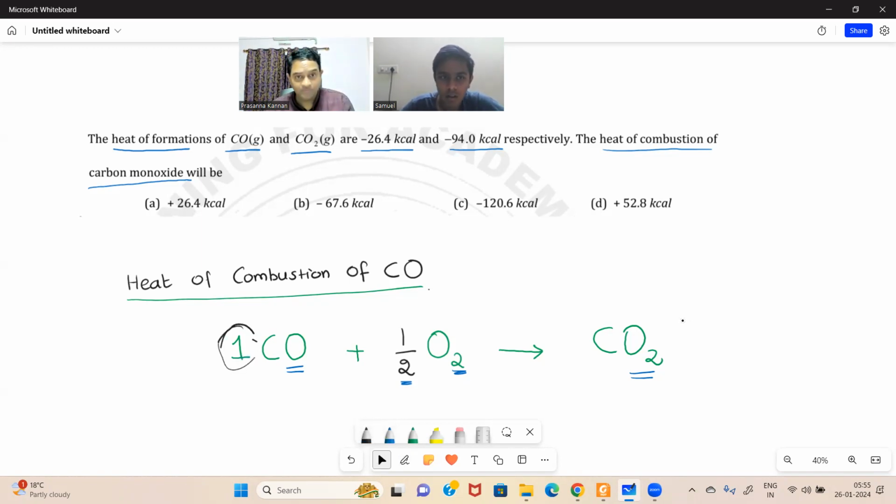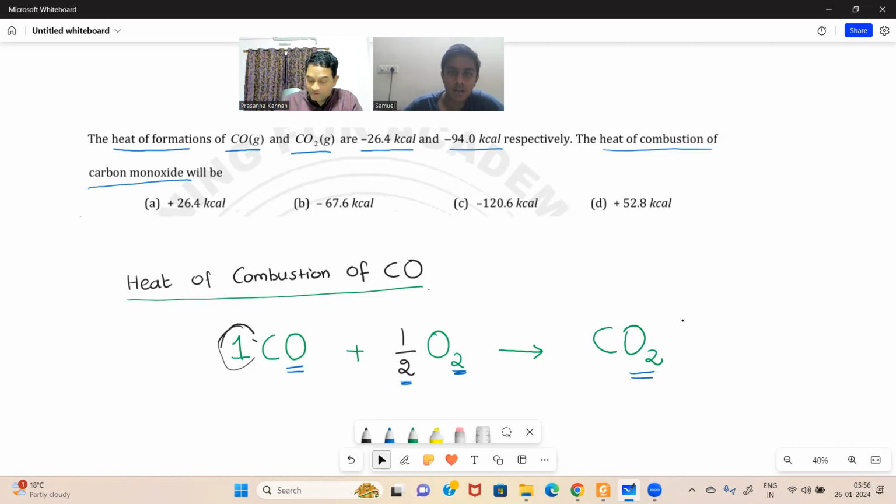When I say heat of combustion, I'm talking about how many moles of carbon monoxide are burning: 1 mole. So when you multiply by 2, that becomes 2 moles, right? You wouldn't want that. That's the reason that if fractions are coming, you retain them like that. Make sense? Yes, sir.